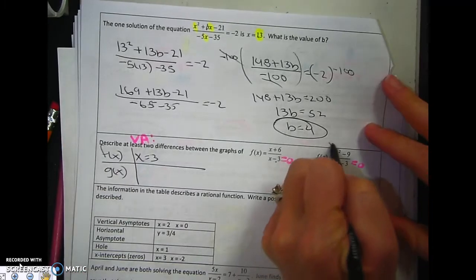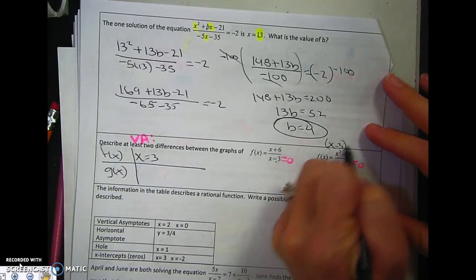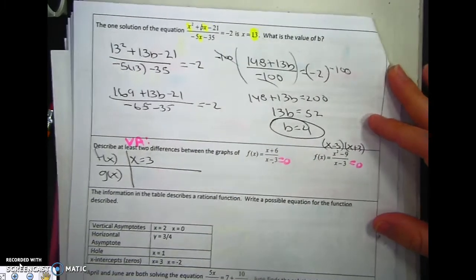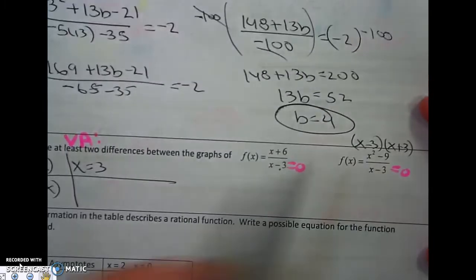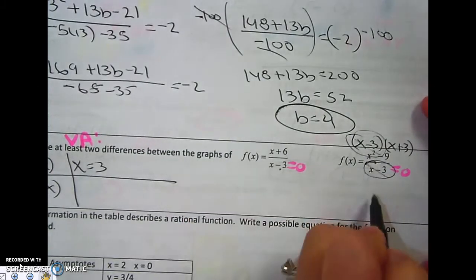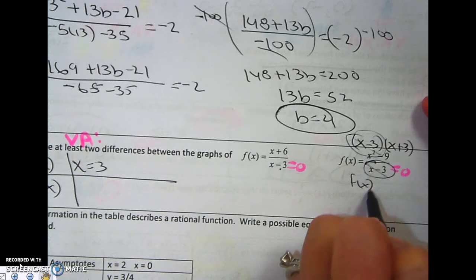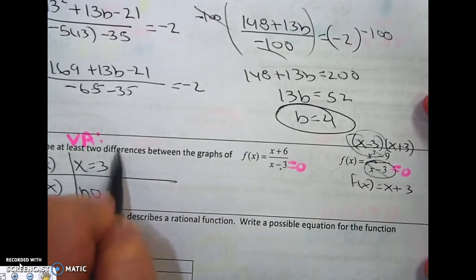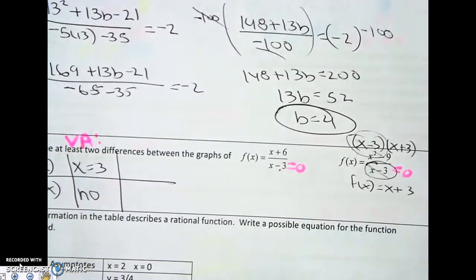But when I factor this, it's x minus 3, x plus 3. This x minus 3 becomes a hole, which means it really is f of x equals x plus 3. There is no vertical asymptote. So that's a difference.